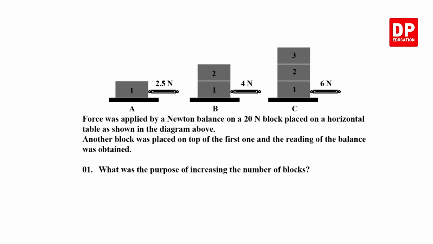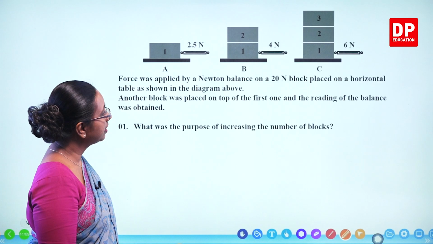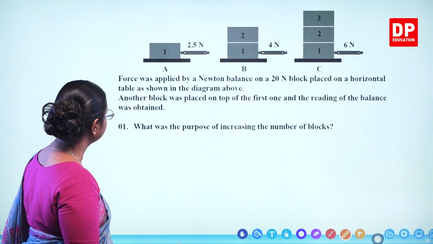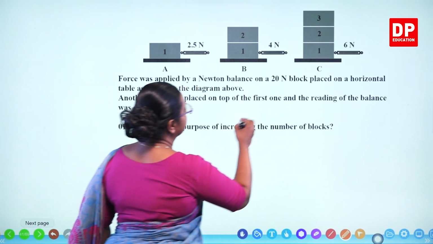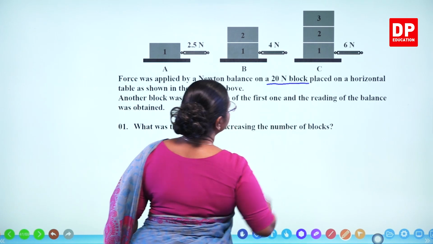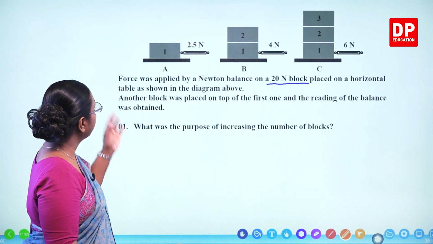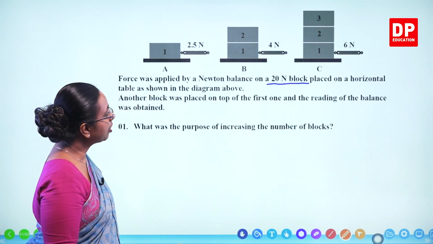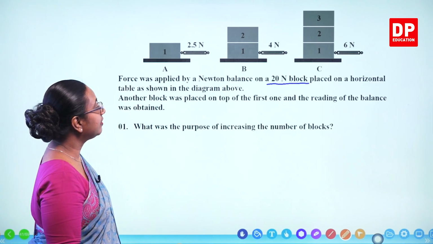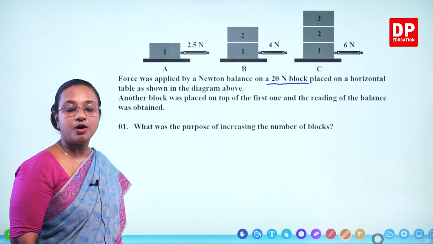Force was applied by a Newton balance on a 20 Newton block placed on a horizontal table as shown in the diagram. So here the weight of the block is 20 Newton. Another block was placed on top of the first one and the reading of the balance was obtained.